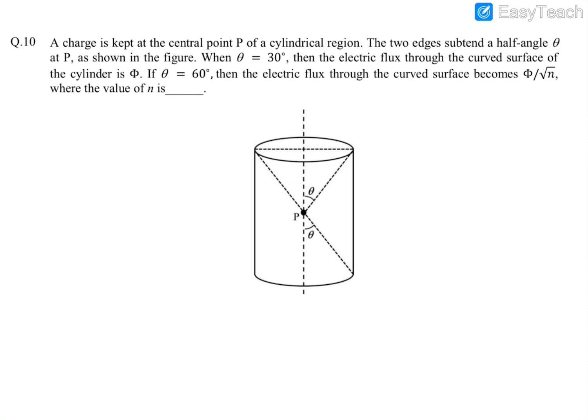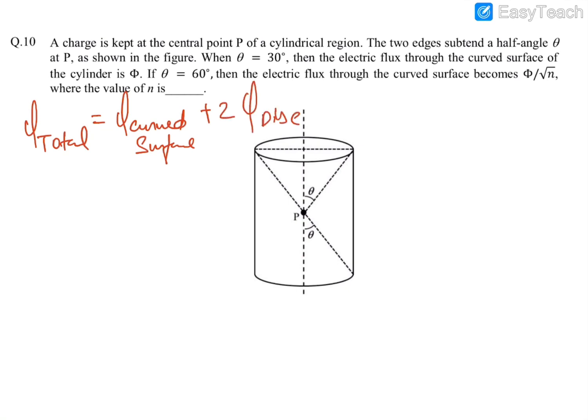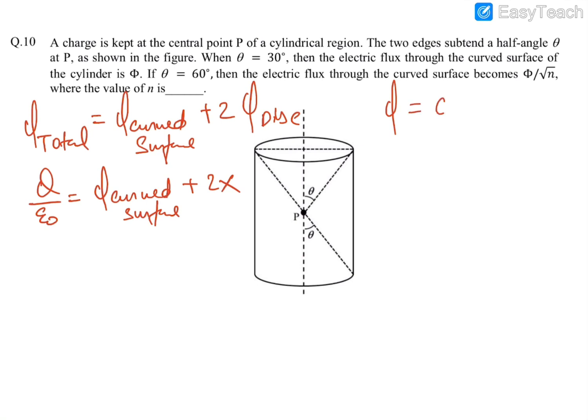Now we know that the total flux of this cylinder will be flux of curved surface plus twice the flux of disc, these two discs, this and this, and total flux is q by epsilon naught. Now we can find out the flux of disc, and in fact we have already created this formula using solid angle.